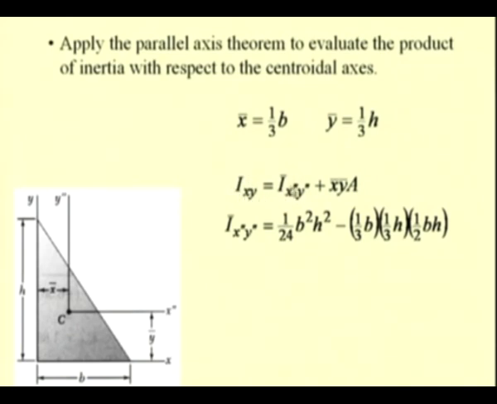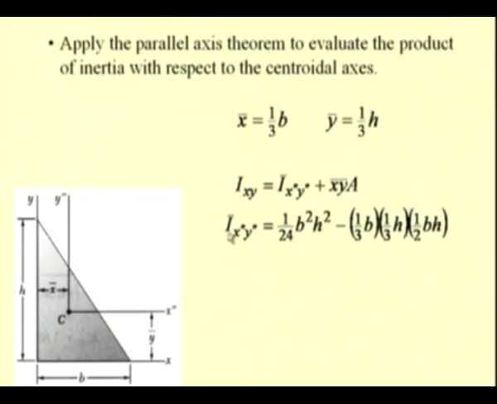So, we have I bar x double prime y double prime is equal to I x y minus x bar y bar A, and I x y we have just determined as 1/24 times b square h square, minus x bar is 1/3 b, y bar is 1/3 h, times the area which is half b h.